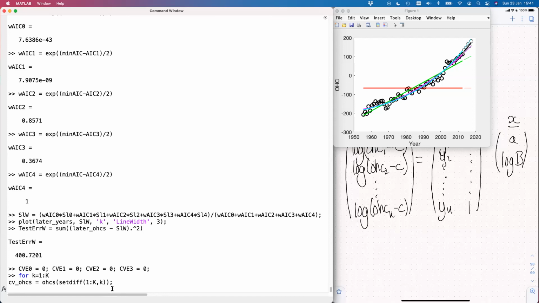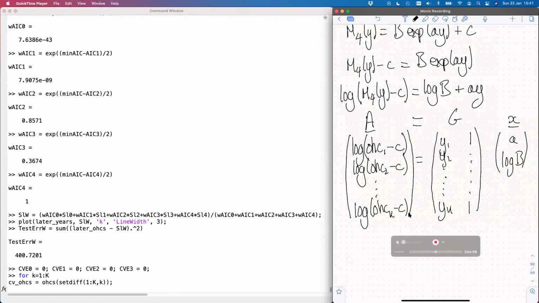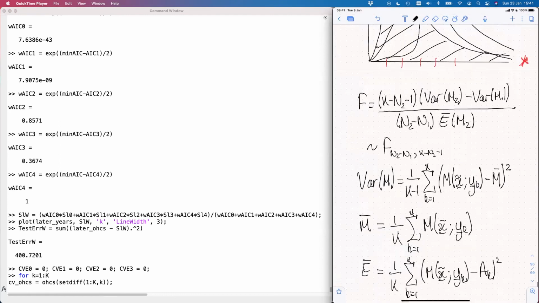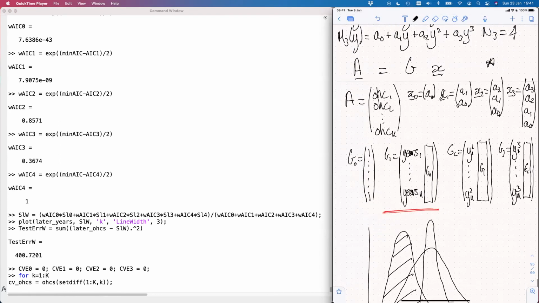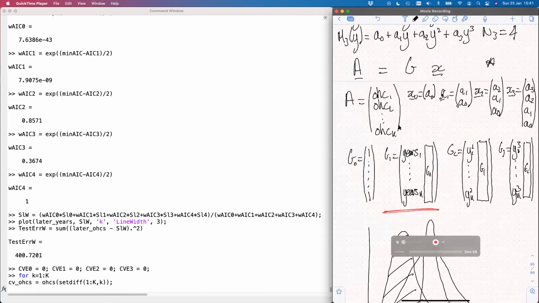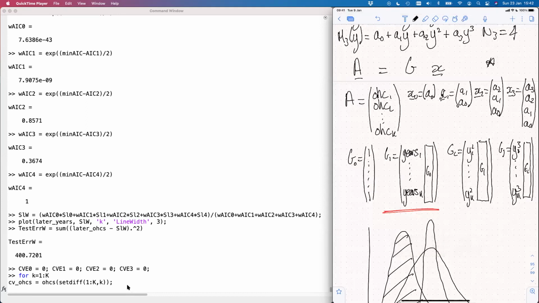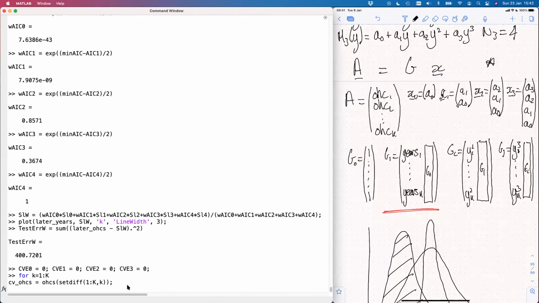Now, of course, if we just go back to our virtual whiteboard here, thinking about fitting these linear models, our list of measurements has now changed because we've removed the kth one. Correspondingly, to fit our models, we now need to remove the kth row of each of our design matrices. So that's the next thing I'm going to do.